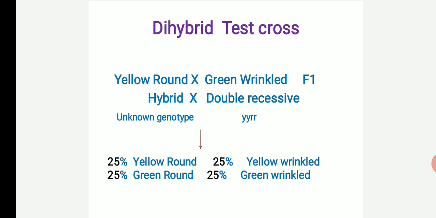So the ratio we can write as 1:1:1:1. So in the dihybrid test cross, we again get all the combinations which we get in the F2 of the dihybrid cross. So the dihybrid test cross ratio is 1:1:1:1.